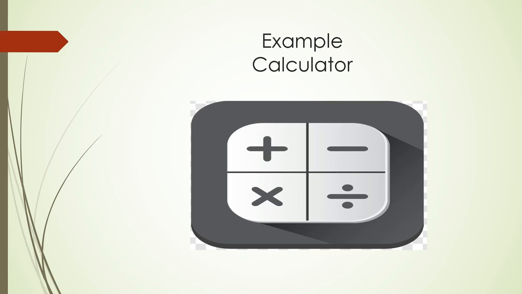Suppose we select a single component of the calculator, the addition component, and we test it in separation, irrespective of the other operations of that calculator system. Then we call it unit testing, that we are performing unit testing on the addition component.